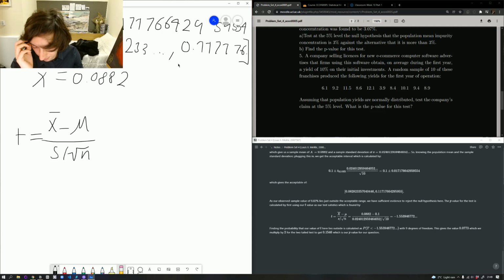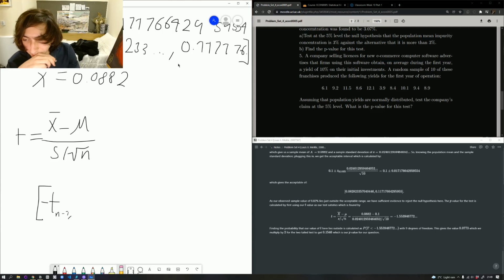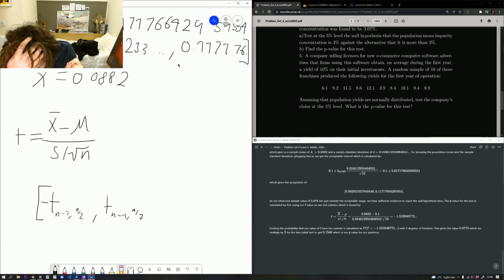And what we say here is that if our t-value exists outside an interval, and that interval is going to be the negative and positive values of t n minus 1 and alpha over 2, so it's going to be between these two. Let me just double check this. Yep, that's correct. So if it's outside this interval, we can reject it. Okay, so that's the thing.